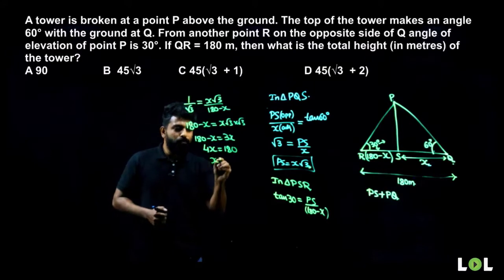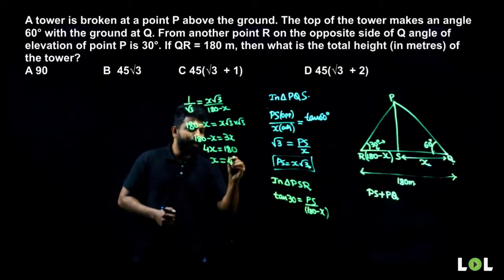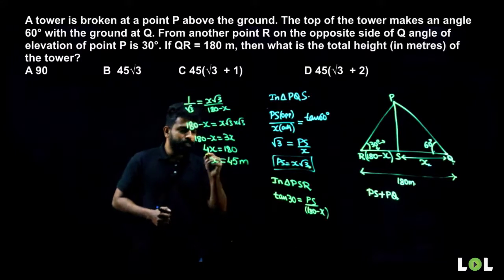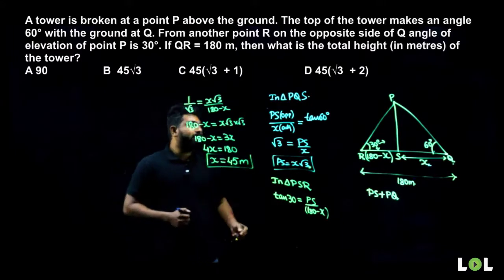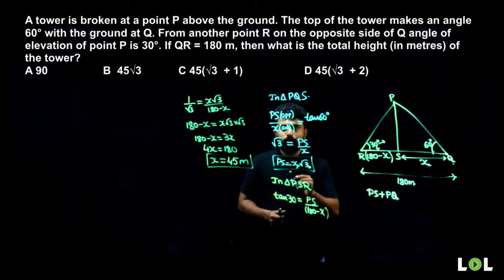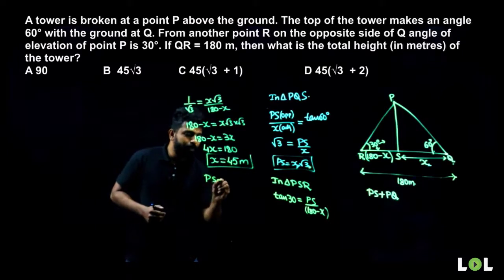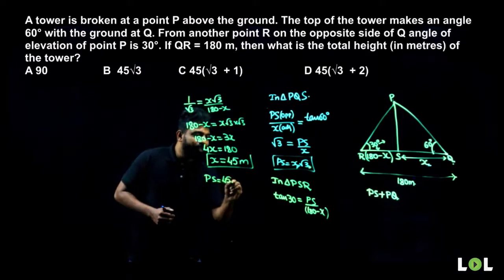So what will be the value of X? X will be equal to 180 by 4, that is nothing but 45 meters. So the value of X here is 45 meters. If I substitute the value of X here, I get my PS. The value of PS will be equal to 45 root 3 meters.